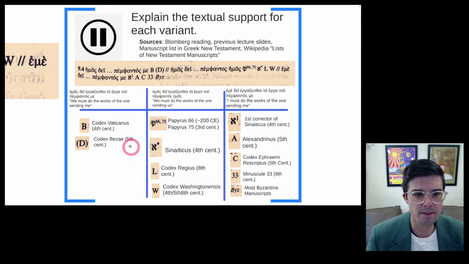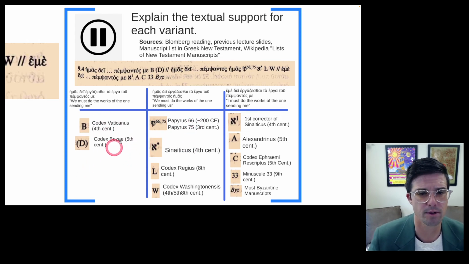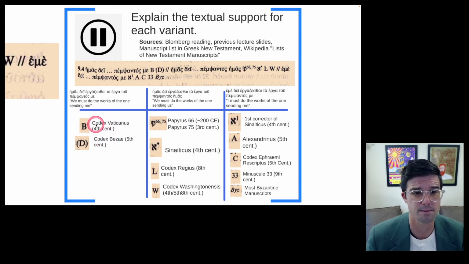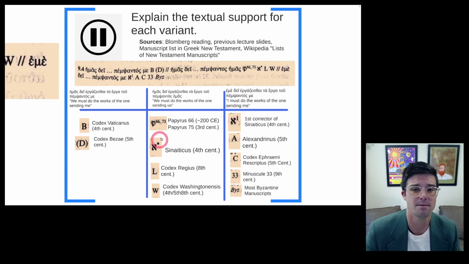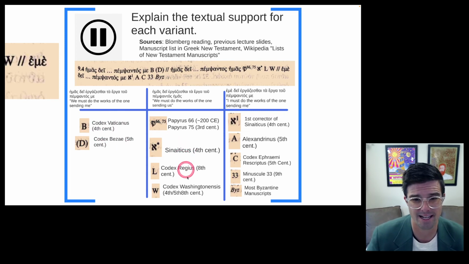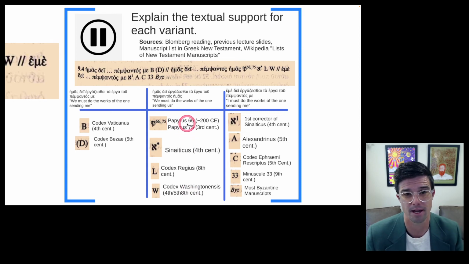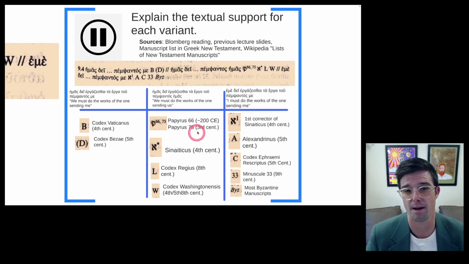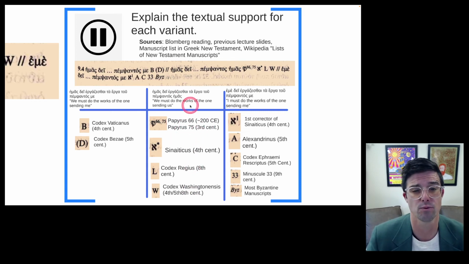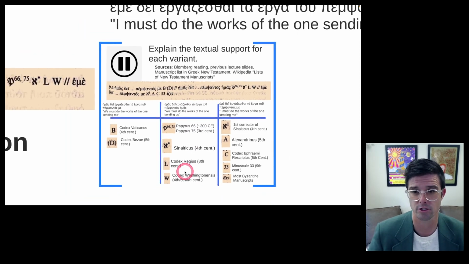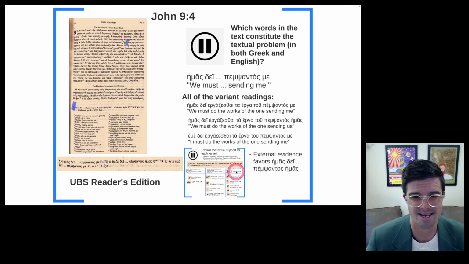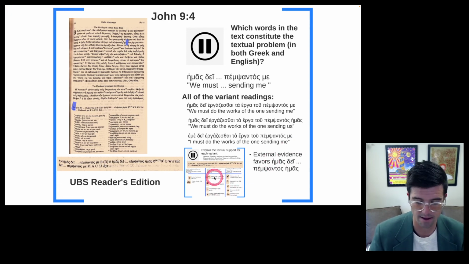These ones over here are also strong witnesses, B and D, but the fact that we have Sinaiticus, Washingtoninus, and the two different papyri, one of them being a particularly important papyrus, suggests that this one has really the strongest external weight. So when I summarize here, I would say external evidence seems to favor this middle one here.